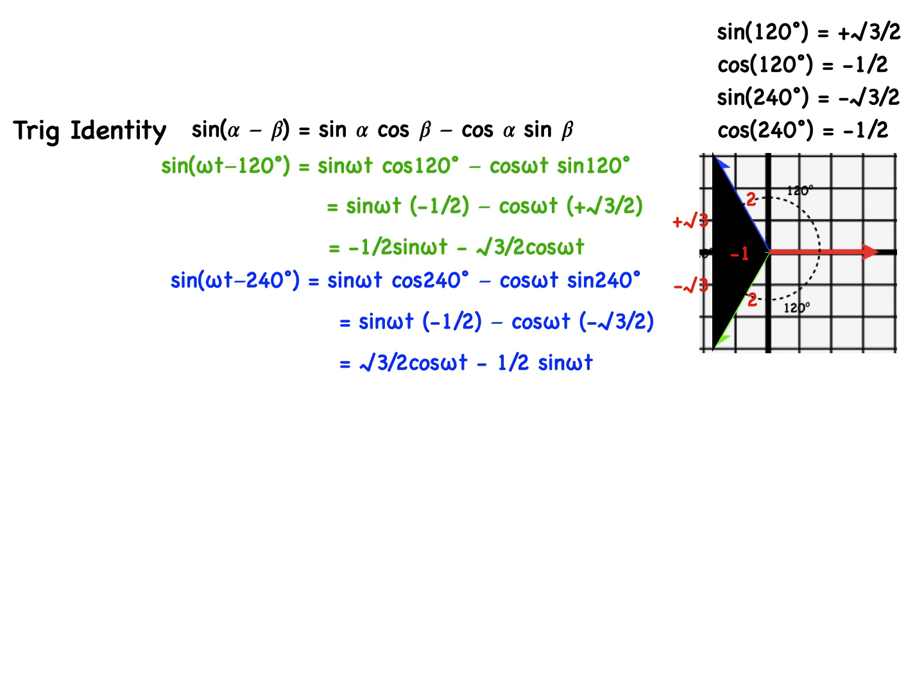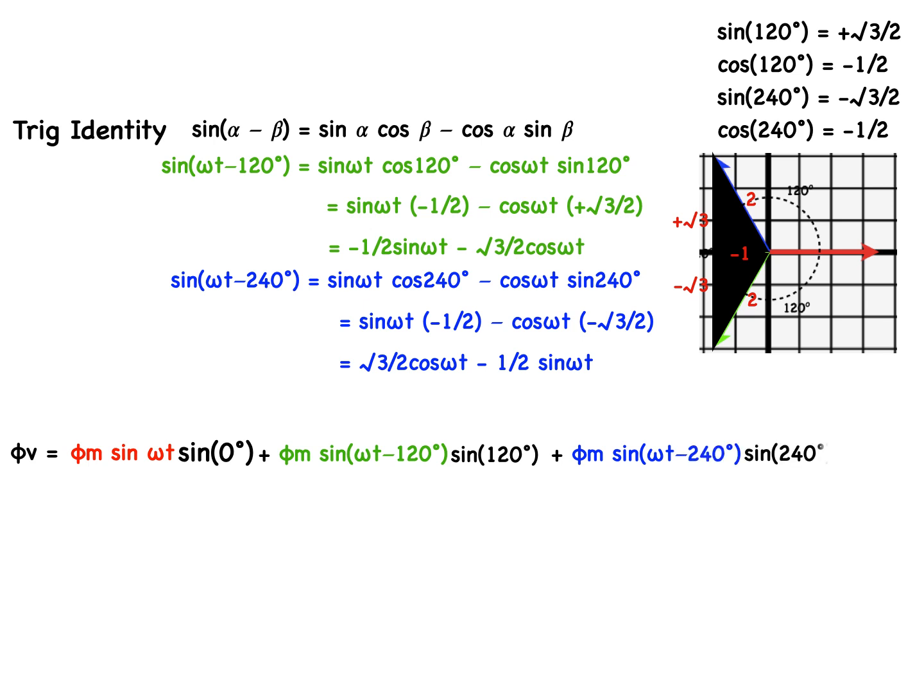Now, in terms of the vertical components, remember that the flux direction is set at either 0, 120, or 240 degrees, which means we can find their vertical components by multiplying by the sine of their individual angles.